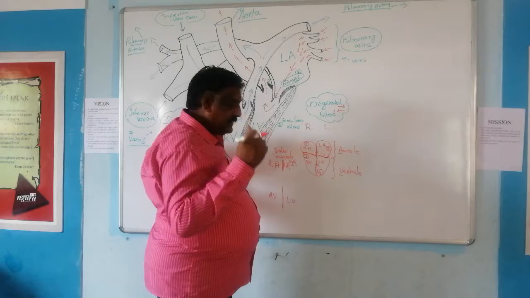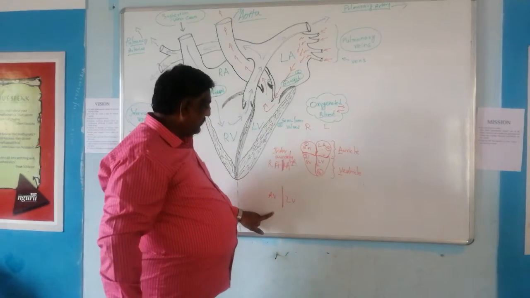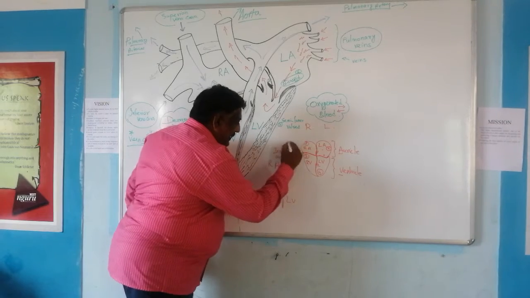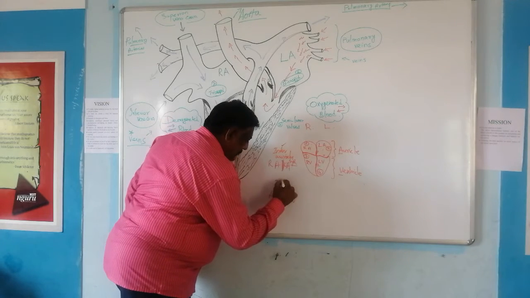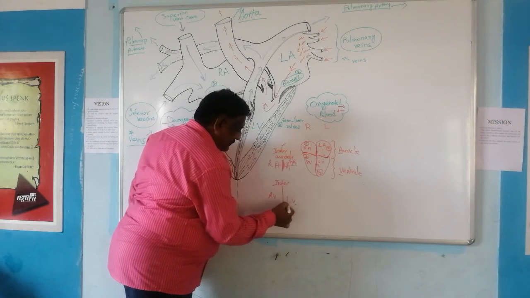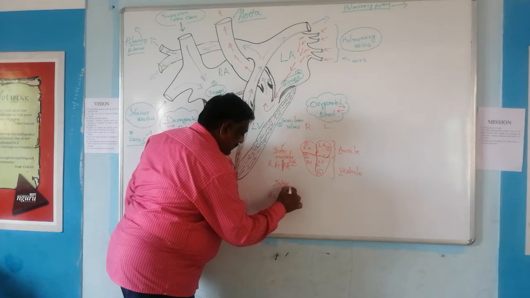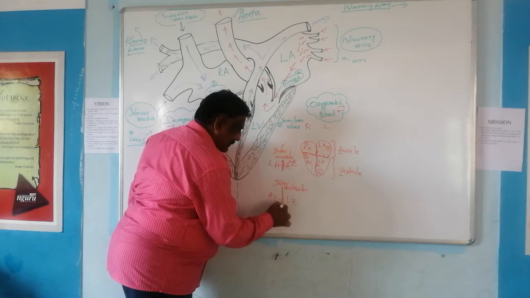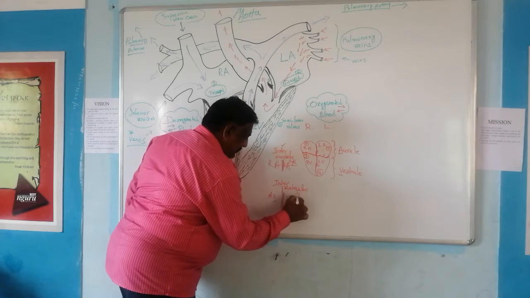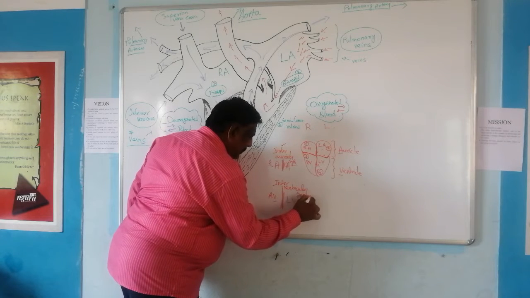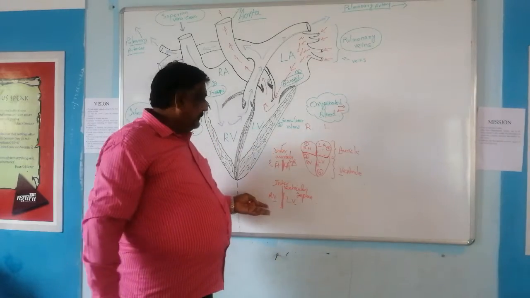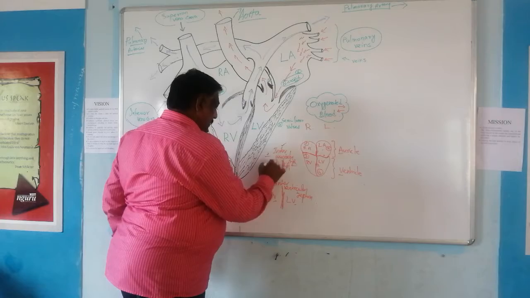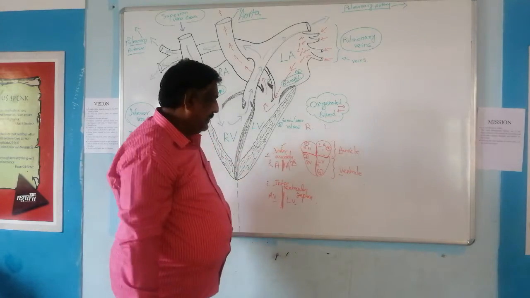I'll give 2 seconds. It is between the ventricles, so ventricular. What is this? Septum. You yourself can name it. Interauricular septum, interventricular septum. These are the 2 which I have mentioned.